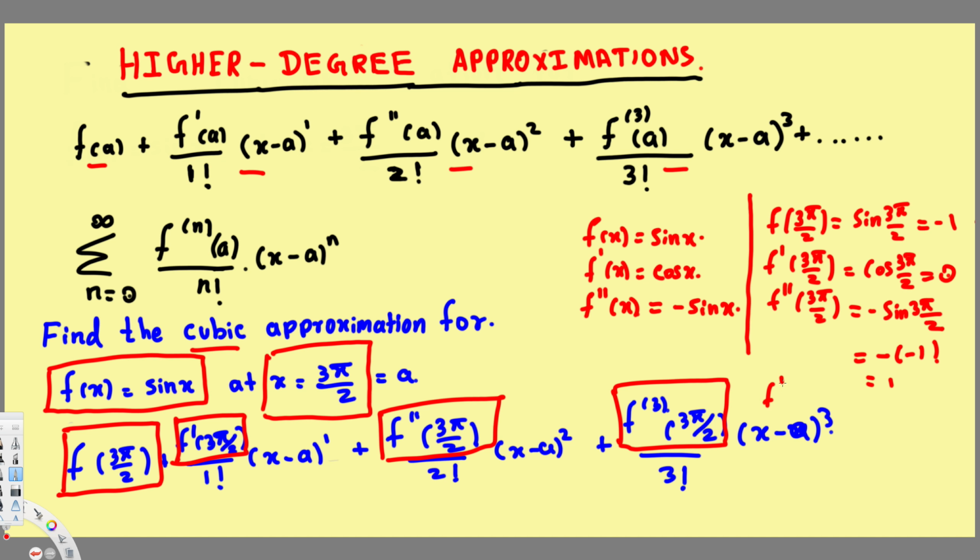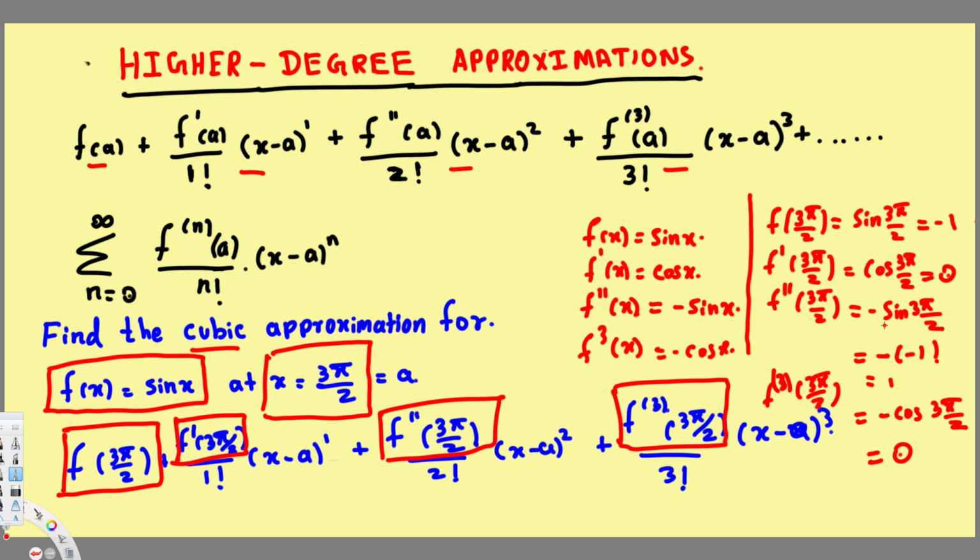The third derivative is the derivative of negative sine x, so that's going to be negative cos x, and f third derivative of 3π/2 is equal to negative cos 3π/2, and cos 3π/2 is 0, so negative cos 3π/2 is also 0.